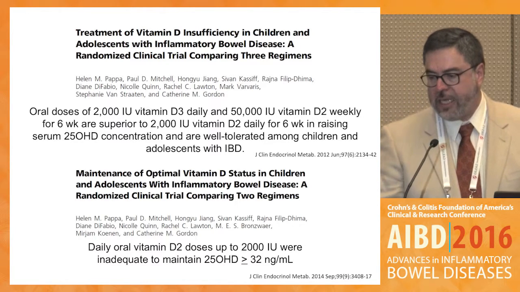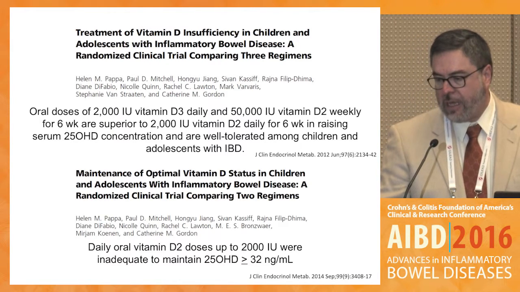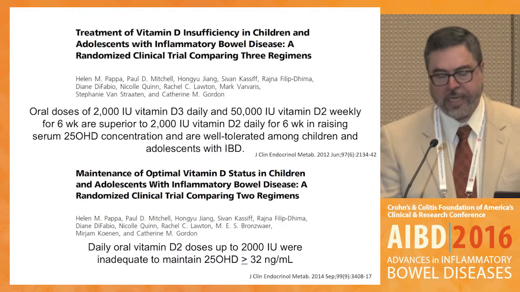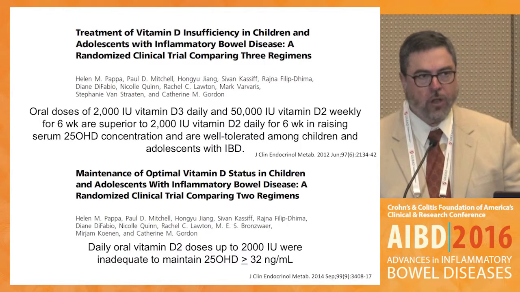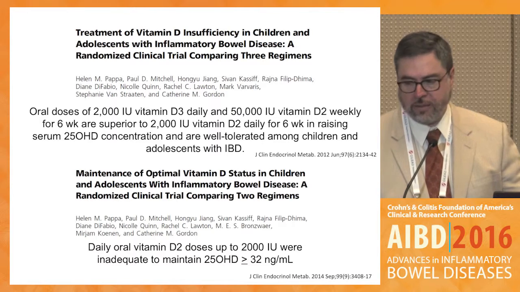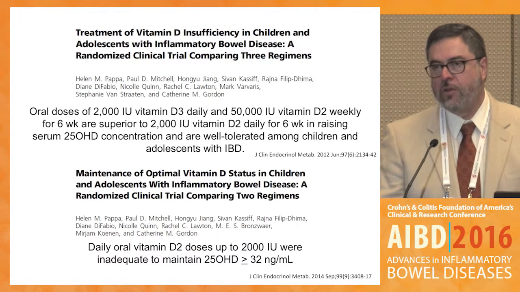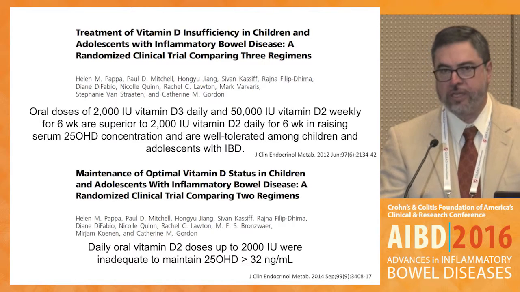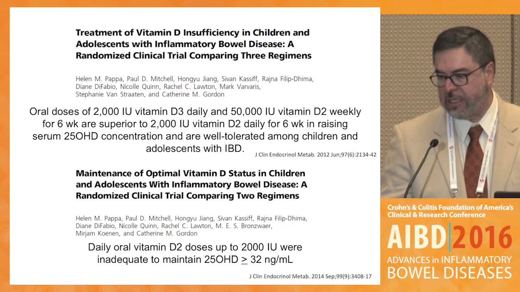The bottom line here is that oral doses of 2,000 units a day of vitamin D3 or 50,000 units a week of vitamin D2 were able to raise the vitamin D level to the target level that they had of 32 nanograms per deciliter.